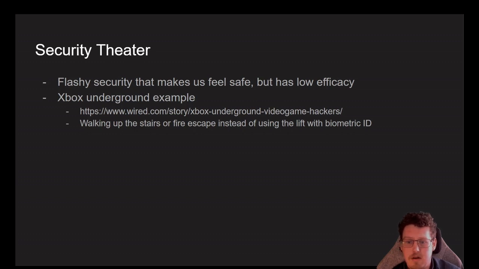I'm not sure exactly which, you can check the article for the details, but for example you might have had an iris scanner or a fingerprint scanner in order to actually access and use the elevator, but they had a fire exit, which, for fire safety reasons, you can't lock down. So essentially the guy just walked up the fire exit to the appropriate floor and walked into the room, stole the development kits and left, and then sold them or shared them with part of this hacker group that were developing modded games and pirated Xbox content.